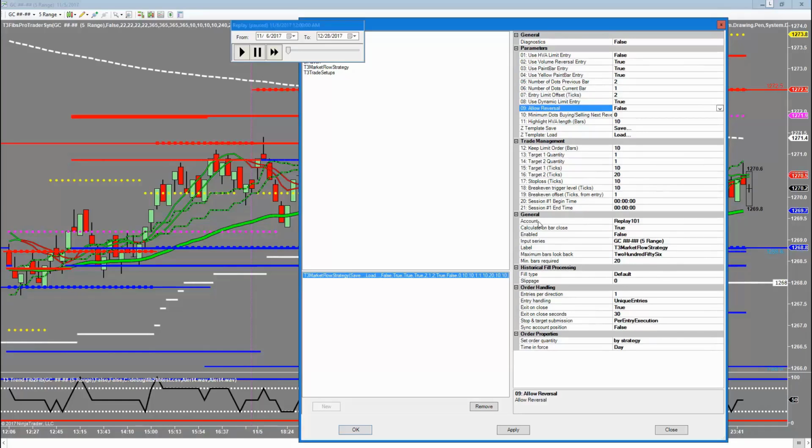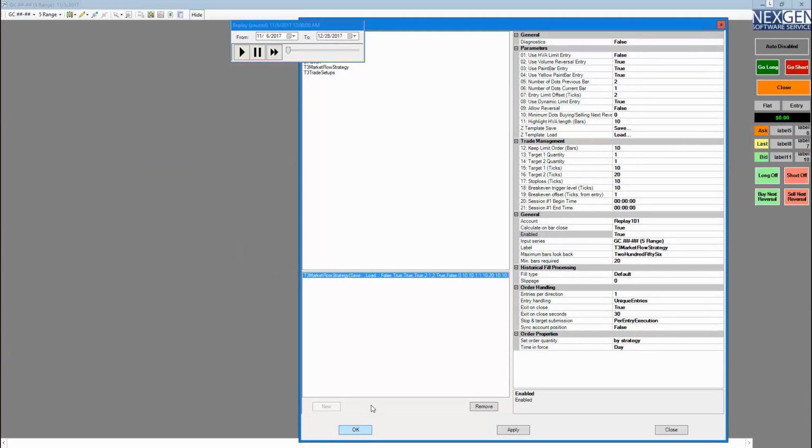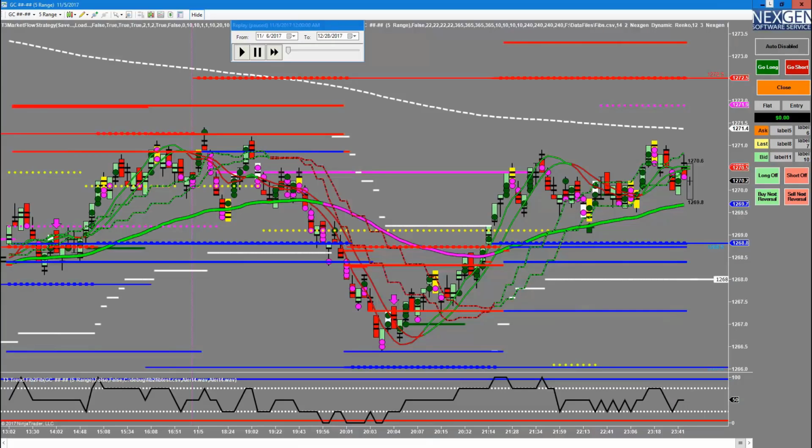And then you'll see you're on your replay account, and you just turn the system on to true, and then say OK. Again, directions for applying templates and running systems are all going to be in your trading plan. So once this comes up, now we're ready to trade, right?